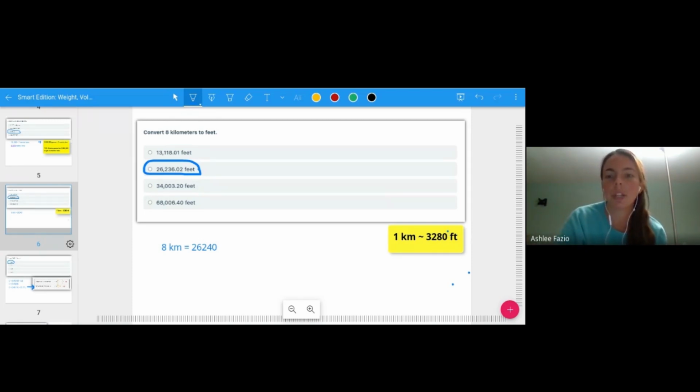Whatever I had to do to the kilometers to get to what I was given, I'm going to do to the feet too. So I'm just going to plug in my calculator, 3,280 times 8, and that's how I was able to get to this answer here. Again, this is rounded. It's not exactly what I see, but then I just use the most reasonable answer, which is going to have to be answer number 2 in this case.